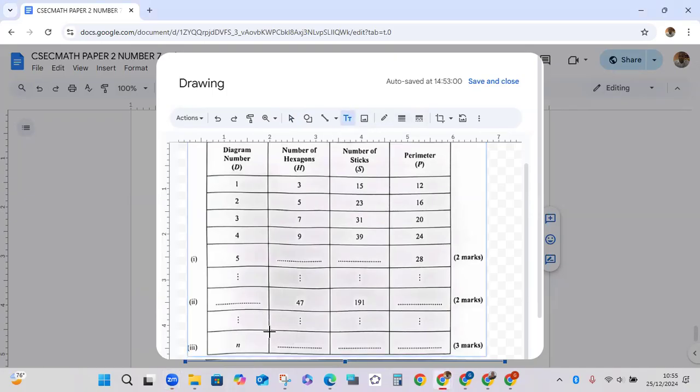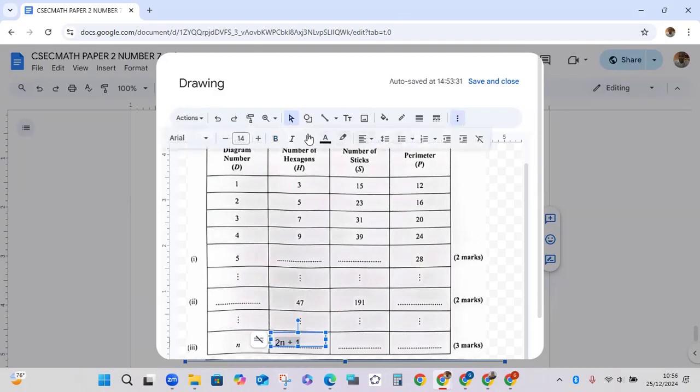And that can be easily written as 2n plus 1. One may ask, where did the 2 come from? The 2 is serving like a gradient, because it's almost like a linear expression you are deducing.